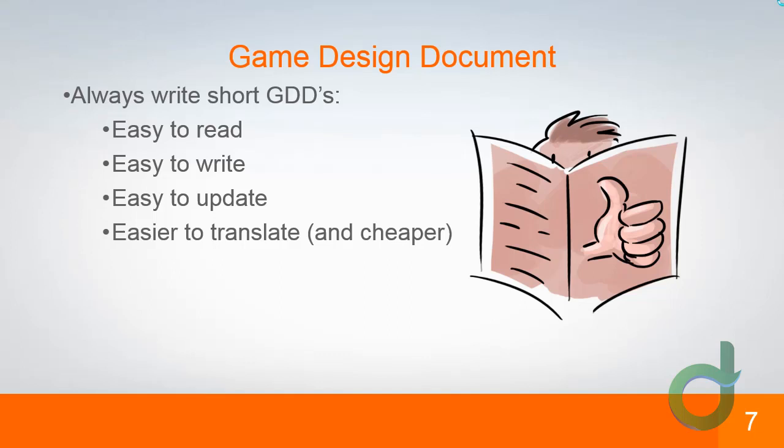You just want them to have a really quick look at the whole concept. And of course, a short game document is also easier to update. If you have a 100-page document, you're going to have to review the whole document, which is going to be really painful. But if you have a 5-page document, it's going to be easy to update.